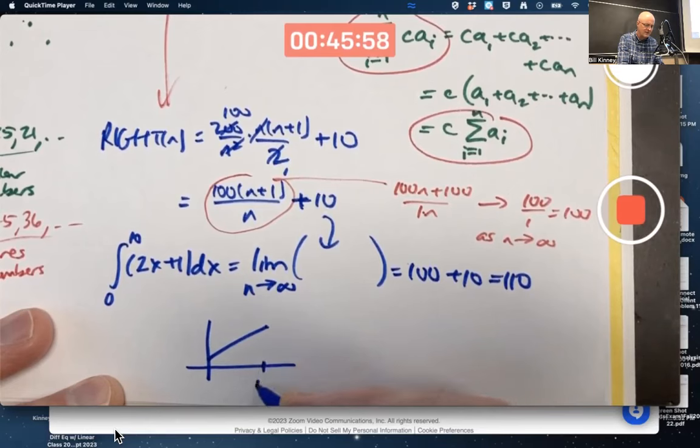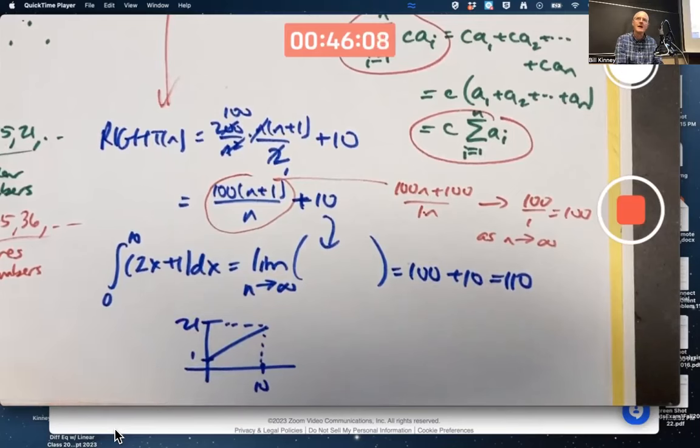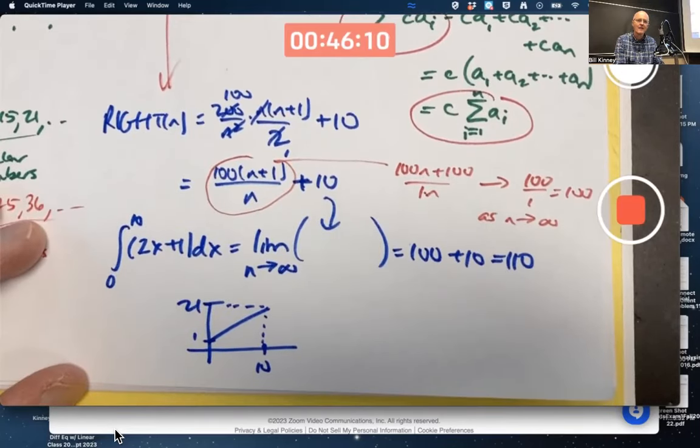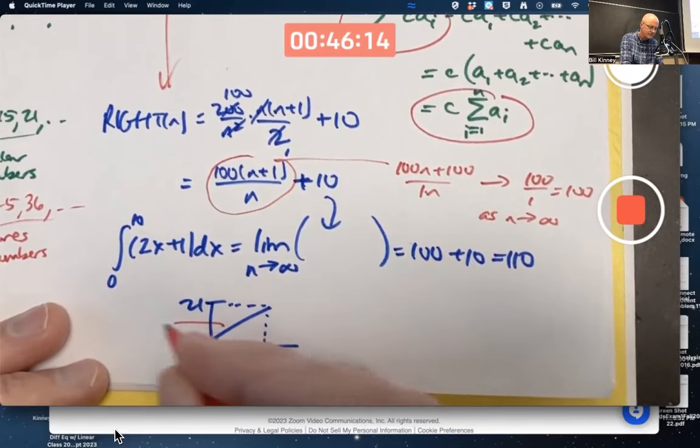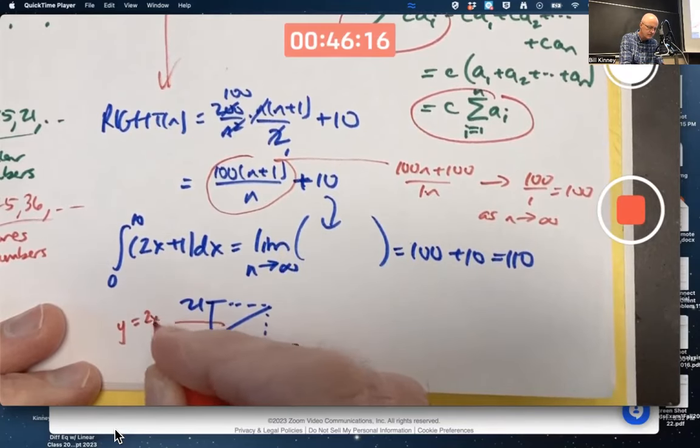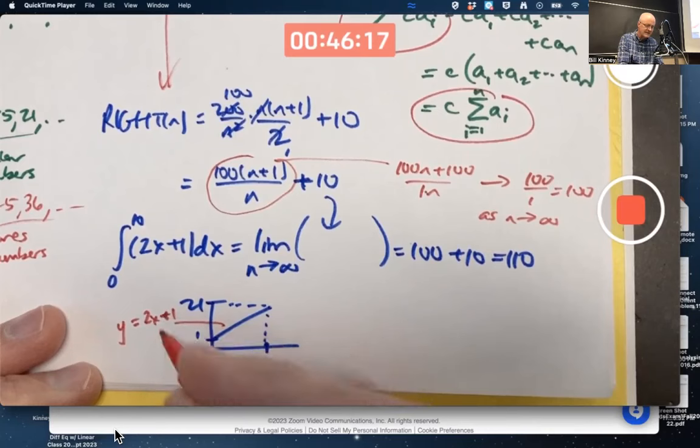Trying to find the area under this trapezoid. Oh, we did this last week, didn't we? Height there is 1. Height here was 21. Right, this graph is y equals 2x plus 1. Height when x is 0 is 1.